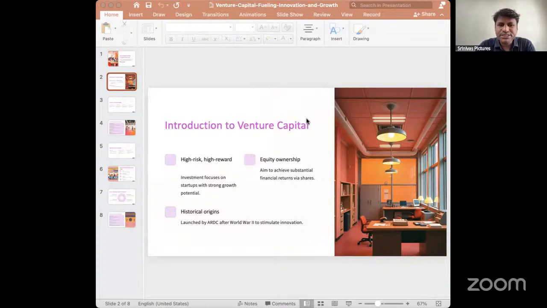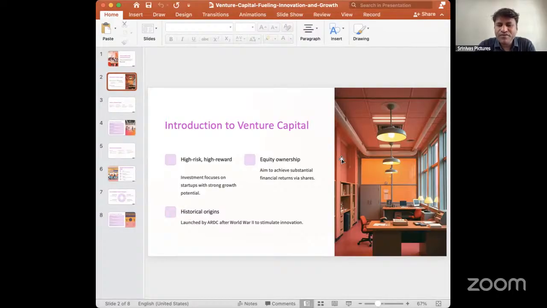Venture capital means funds made available for startup firms and small businesses with exceptional growth potential. Simply, venture capital is long-term financing which involves high risk and high reward projects. This investment focuses on startups with strong growth potential.